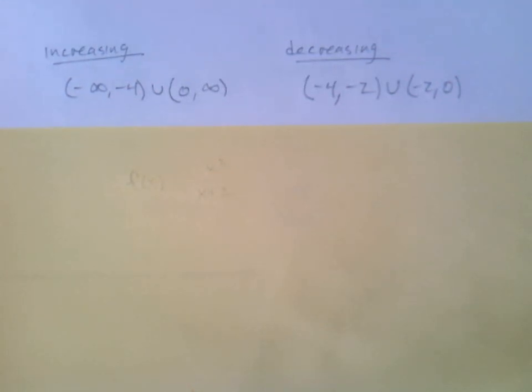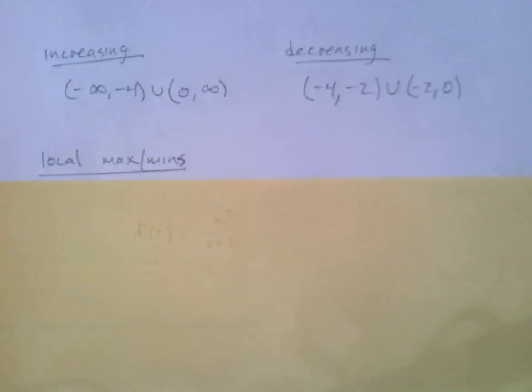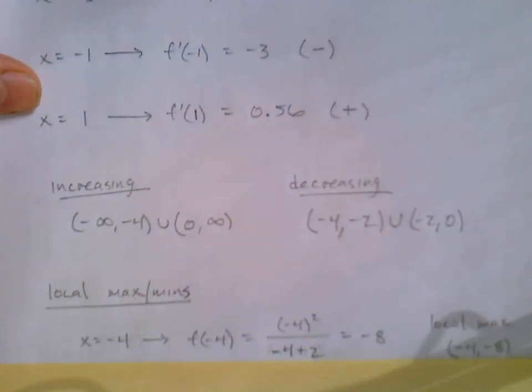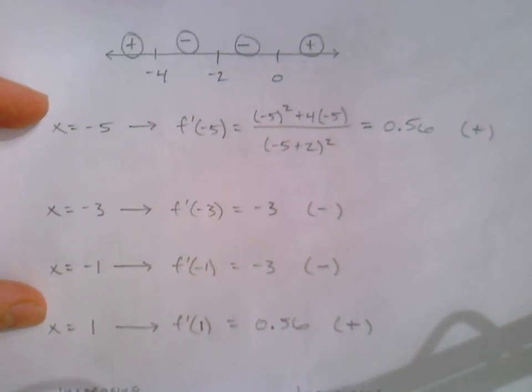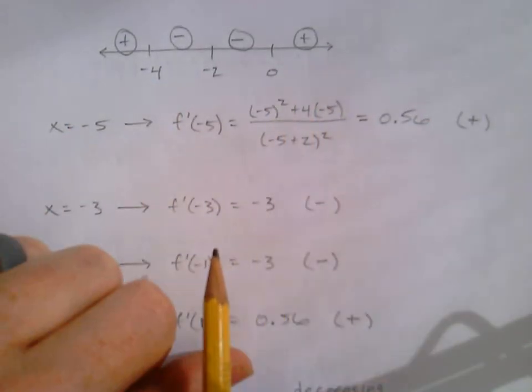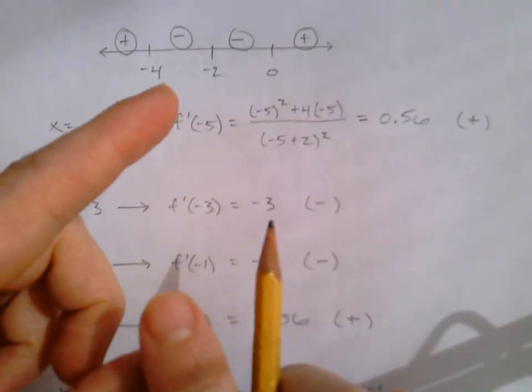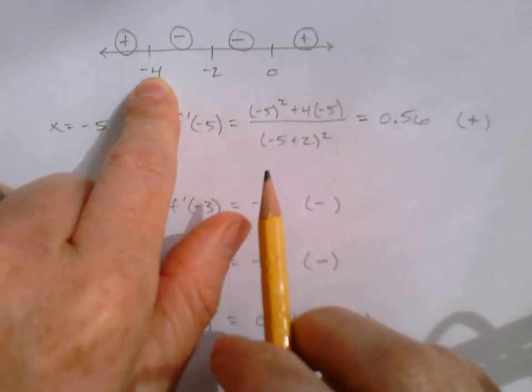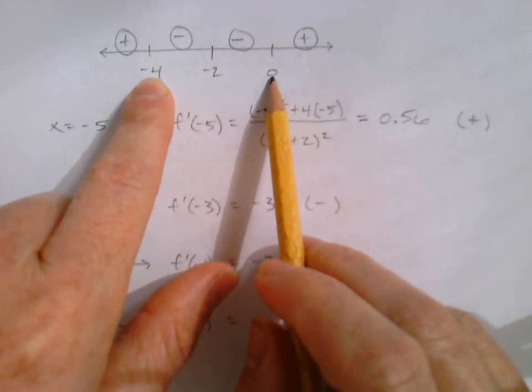Okay, so what's next? It's the local maxes and mins. Well, we pretty much have done all the work for it. I'll go back to our plus minus chart here. Where you change from plus to minus or minus to plus is where you have a local max or a min. So that happened at negative 4, and it also happened at 0.